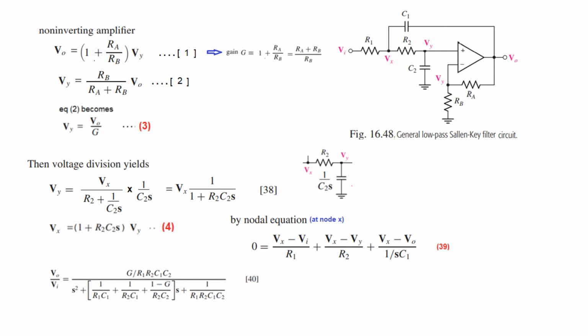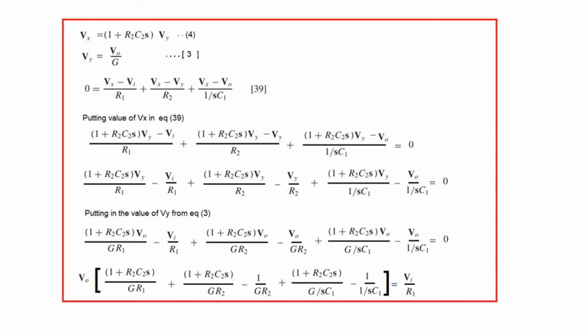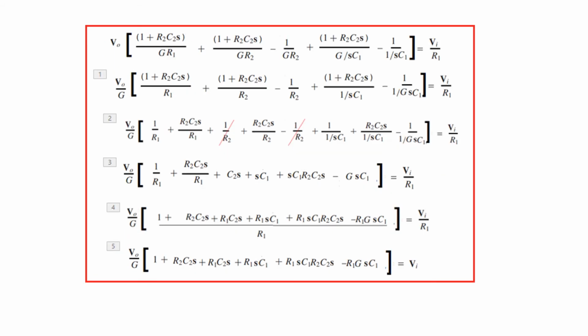Now those of you who believe this to be correct, fine. Those who don't believe, for the last about 3 slides I have solved this. I'll not go into the details, but you can pause each of the videos and see how I have proceeded. So this is the first one. We had these 3 equations, and then by plugging in the values we get this, and then this, and this, and keep continuing.